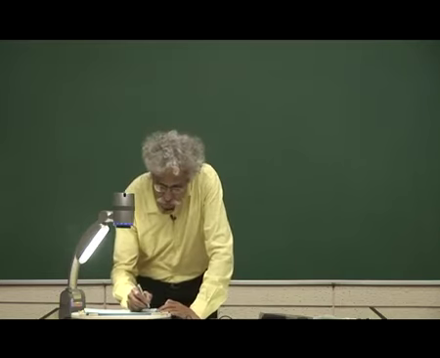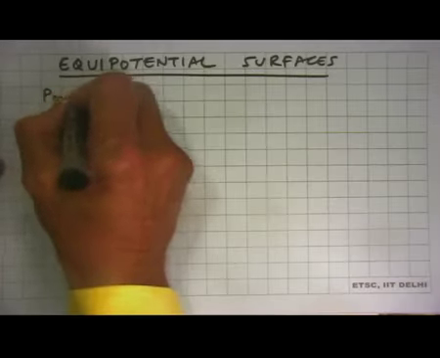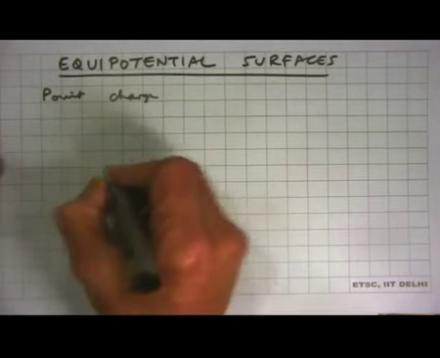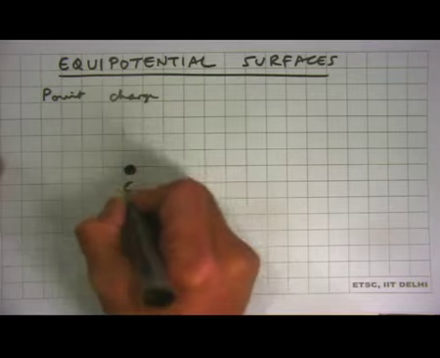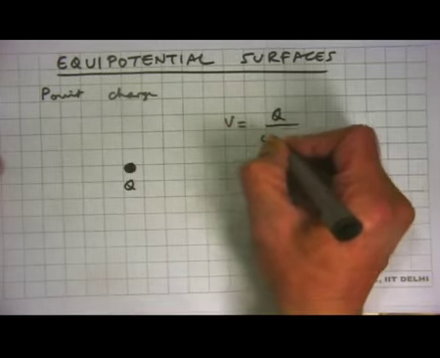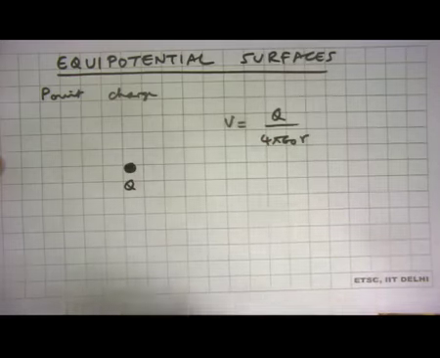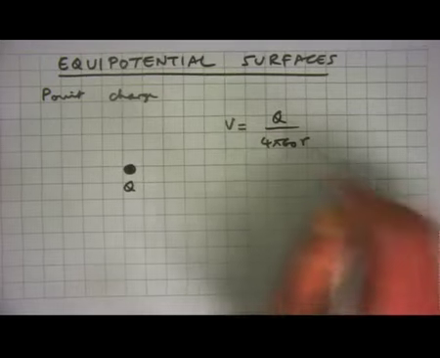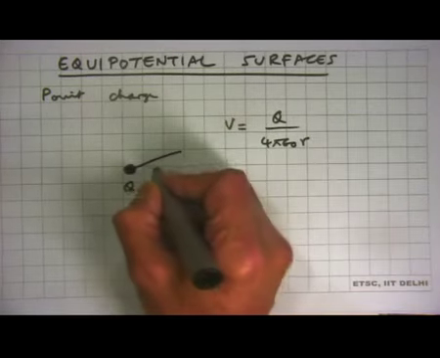So, let me take an example of a point charge. Suppose I take a point charge, here is the point charge q. Remember, for a point charge the potential is q by 4 pi epsilon 0 r, where r is the distance from the point charge.